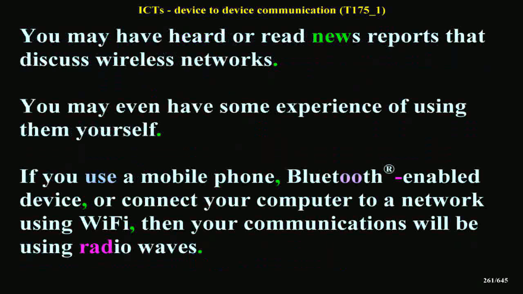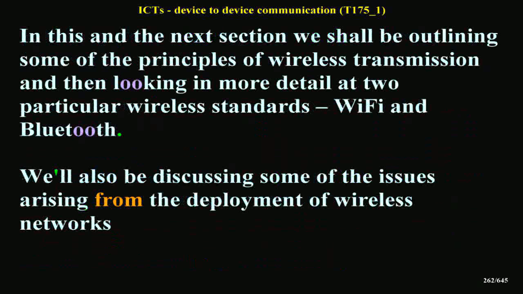If you use a mobile phone, Bluetooth-enabled device, or connect your computer to a network using Wi-Fi, then your communications will be using radio waves. In the next section we shall be outlining some of the principles of wireless transmission and then looking in more detail at two particular wireless standards, Wi-Fi and Bluetooth. We'll also be discussing some of the issues arising from the deployment of wireless networks.